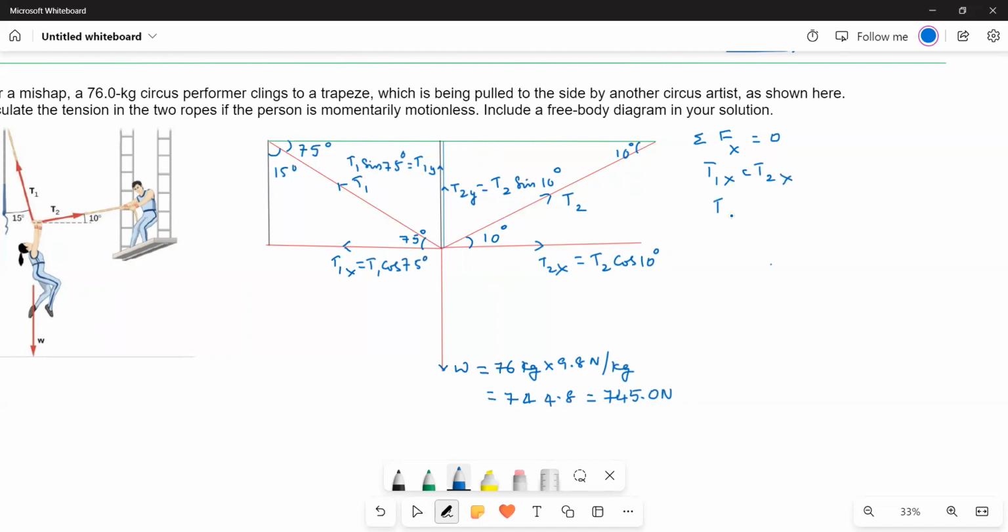Therefore, T1 cos 75 is equal to T2 cos 10. Therefore, T1 is equal to T2 cos 10 divided by cos 75, which is 3.8 T2.